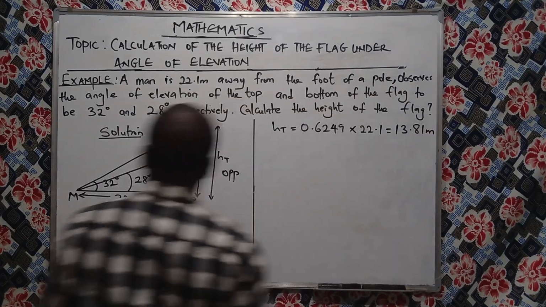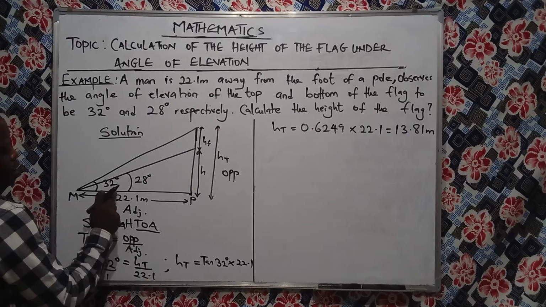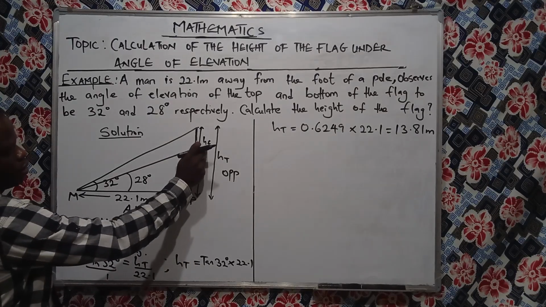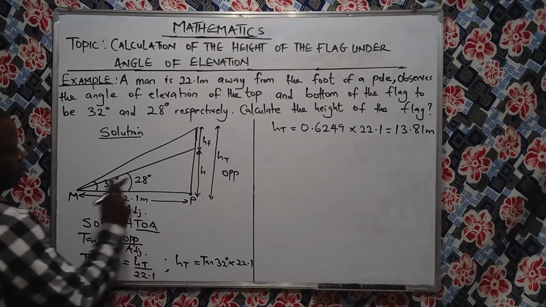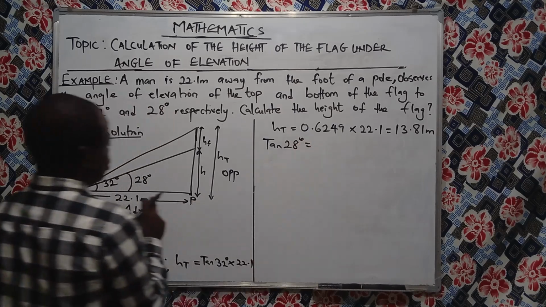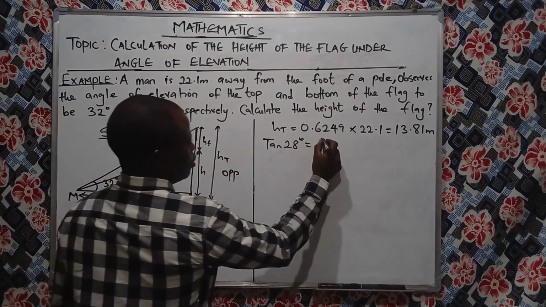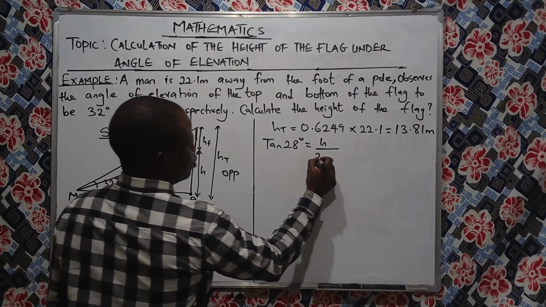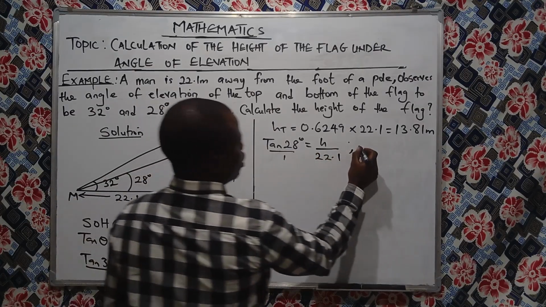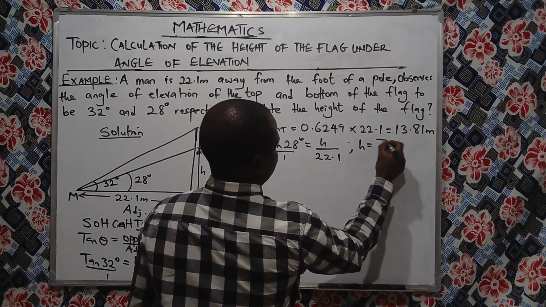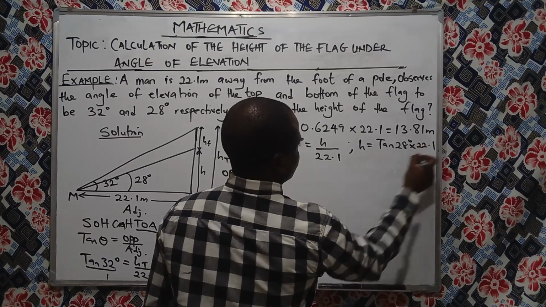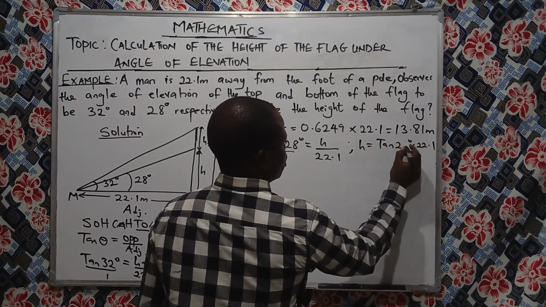Now let's go to the angle where he looks at the bottom of the flag, which is tan 28 degrees equals H over 22.1. You cross multiply, you have H equals tan 28 degrees times 22.1.